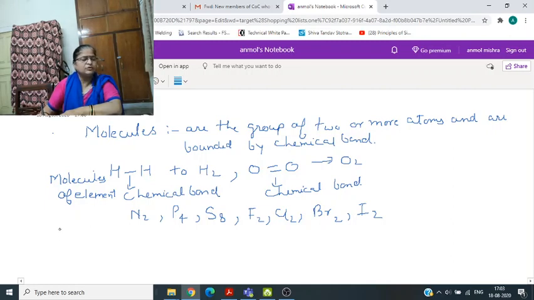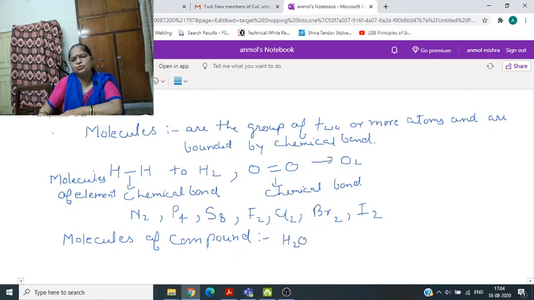Next is molecules of compound. Now all of you know what is a compound. Compounds are the molecules in which the elements combine in a fixed ratio by mass. You can take the example water, H2O.